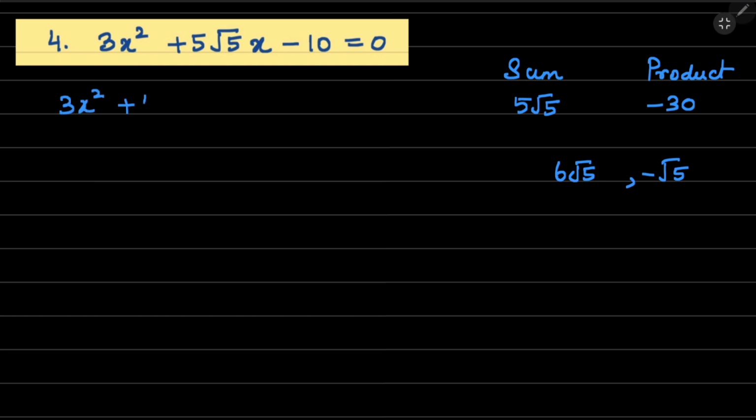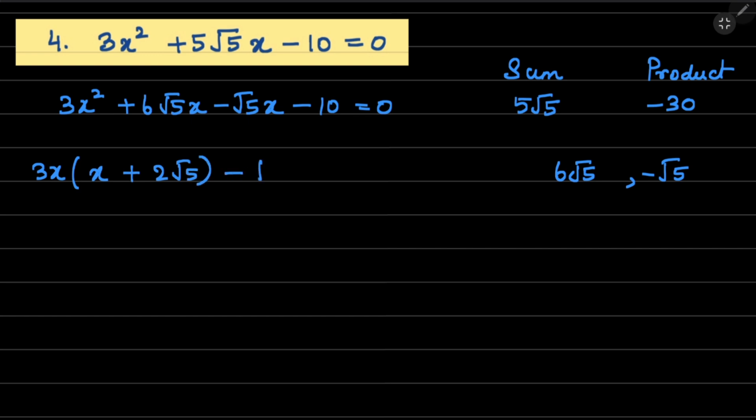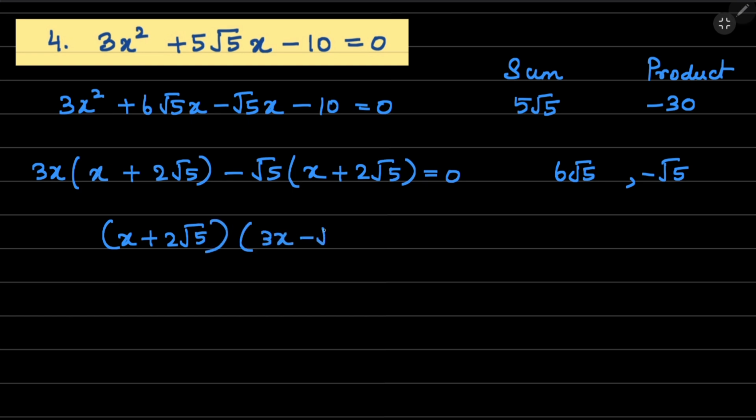3x square plus 6 root 5x minus root 5x minus 10 equal to 0. Take 3x common out. So you have x plus 2 root 5, again minus root 5 common, x plus 2 root 5 equal to 0. So the first factor is x plus 2 root 5 and the second factor is 3x minus root 5 equal to 0.